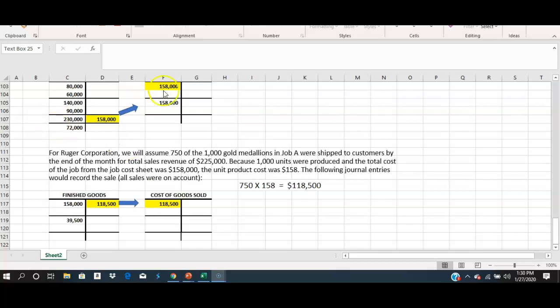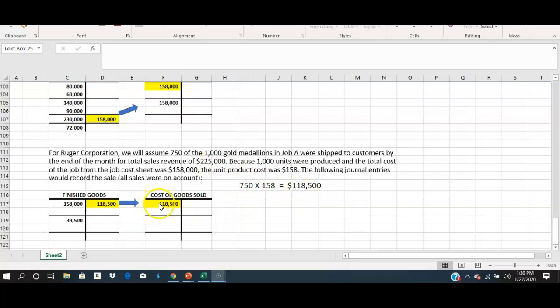So we sold those for $225,000. That's known as your sales revenue. But the amount that those items cost us is $118,500. So we're mainly focused right now on the cost component of it. But I do want you to understand that you will always sell it for a price higher than what you paid for it.